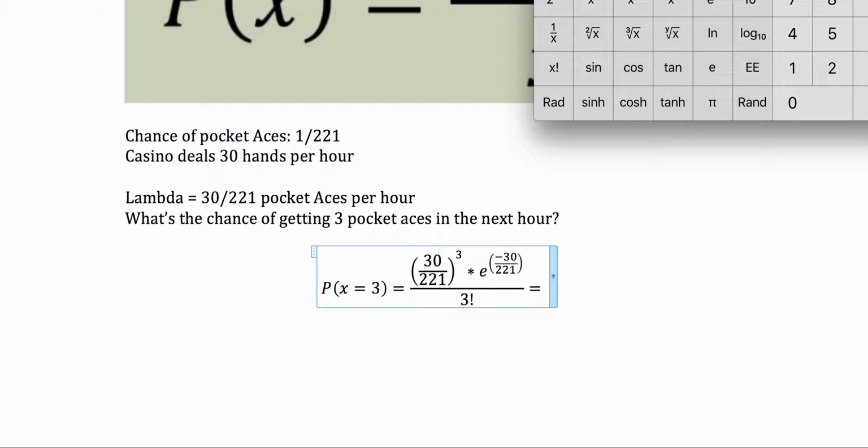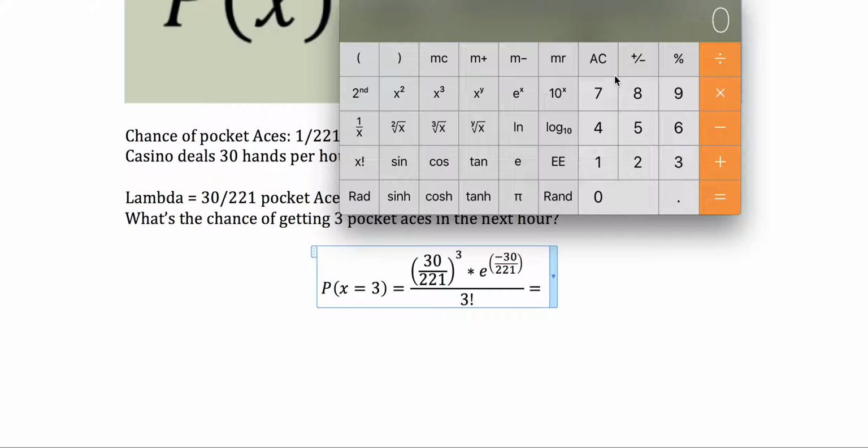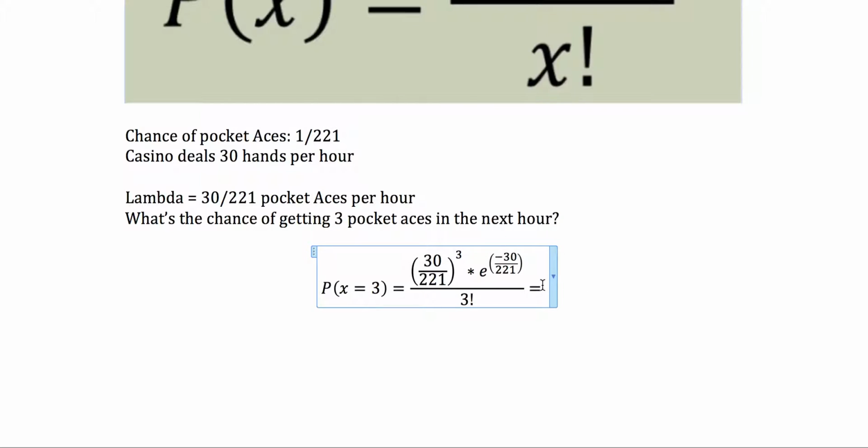Here we got a calculator, and 3 factorial we know is 6. 30 over 221 is 0.1357.